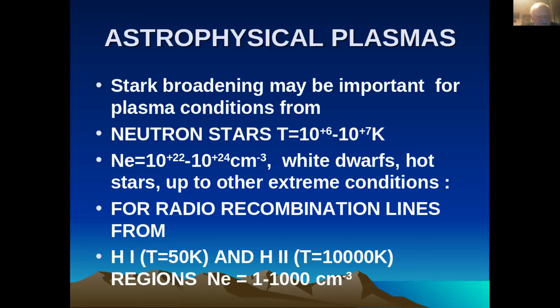For example, in ionized and neutral molecular clouds with temperatures of 50 kelvins in neutral hydrogen clouds and around 10,000 in ionized hydrogen clouds, because there for radio recombination lines you have observation of lines with principal quantum number of several hundreds, even more than 1,000, and in such case the optical electron is very weakly bound with the nucleus, and even very small external electric fields can influence it.